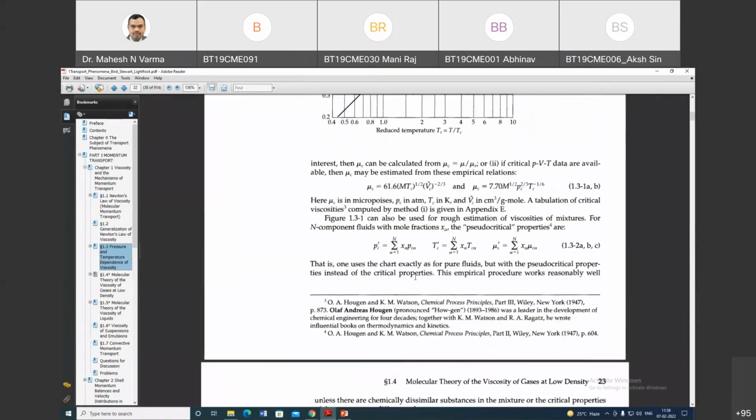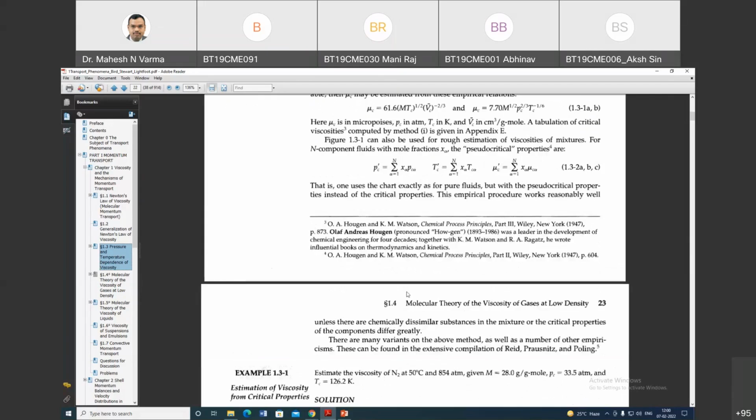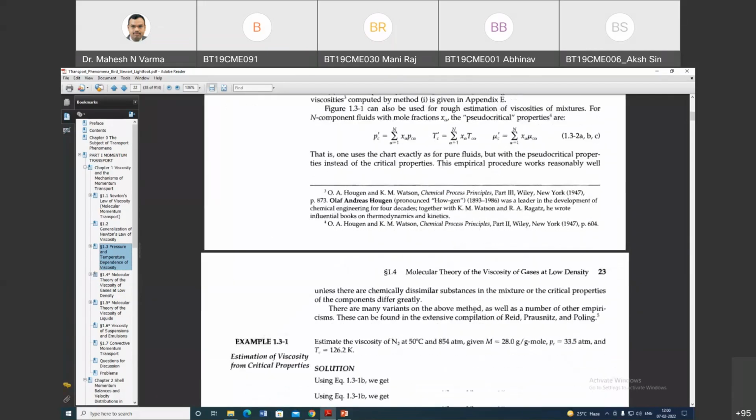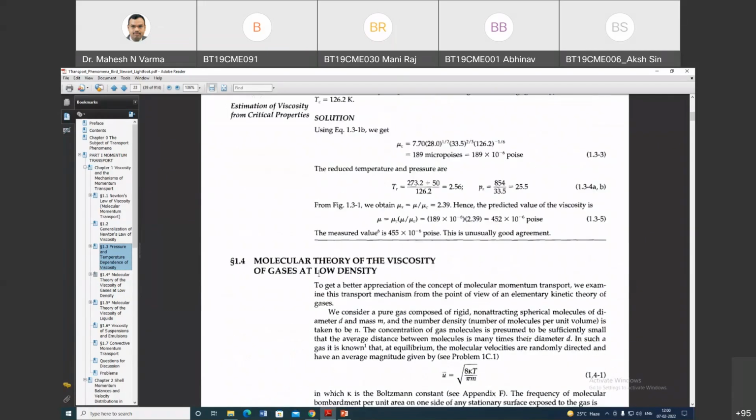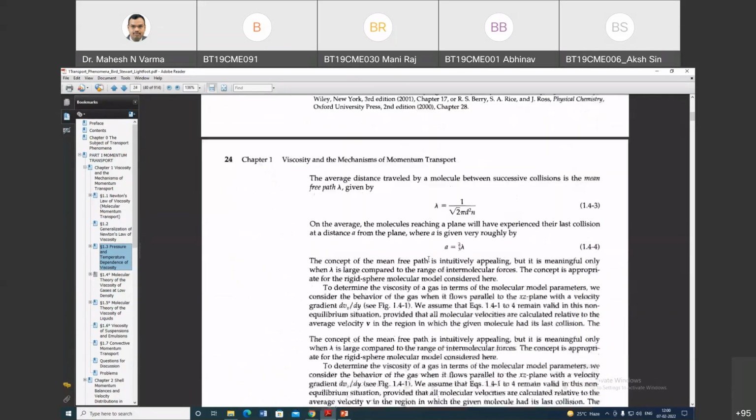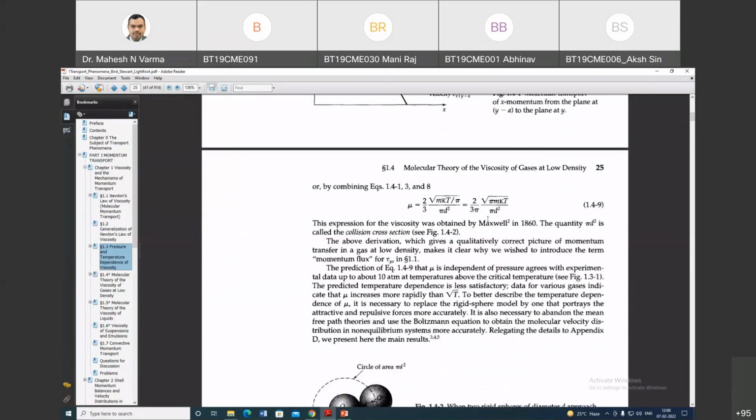Here the interaction is neglected for low density gases. This is true. Again, for low density gases, kinetic theory gives this equation, the Maxwell equation, the kinetic theory equation. Again, you can use this for getting viscosity.